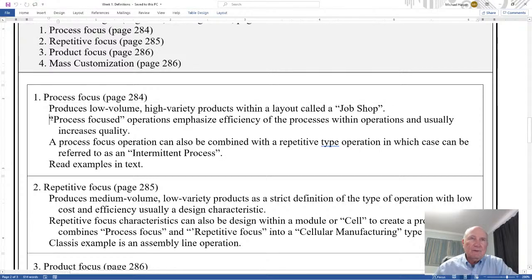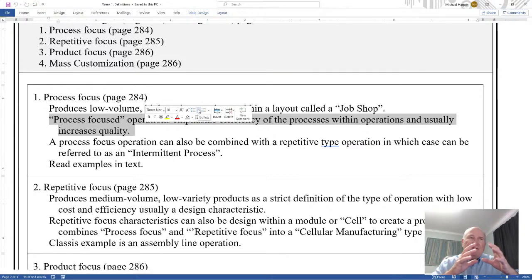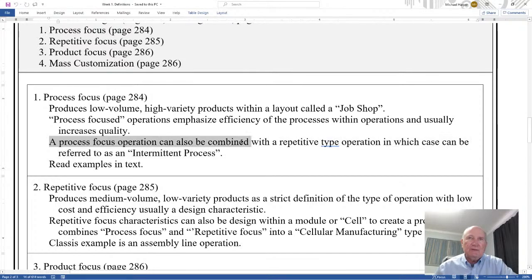Process-focused operations emphasize efficiency of the processes within operations and usually increase quality because you have everything related to that operation right there in that area. A process-focused operation can also be combined with a repetitive type operation, in which case it can be referred to as intermittent processes.